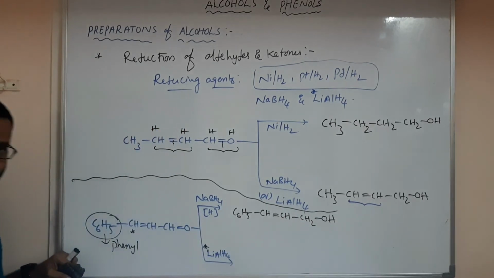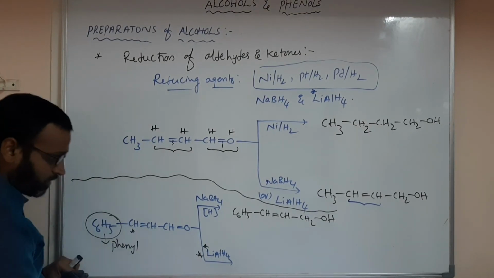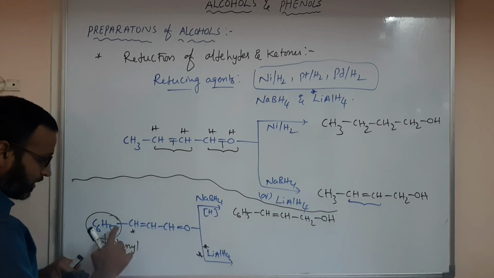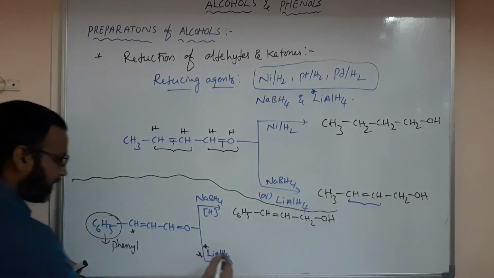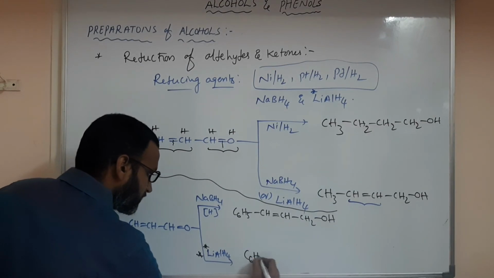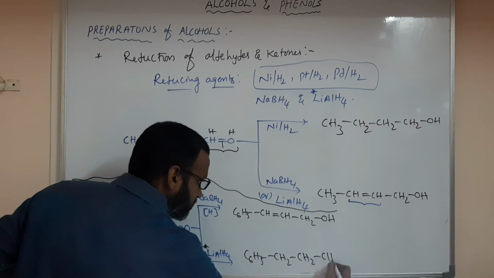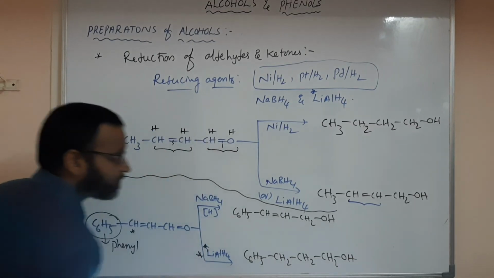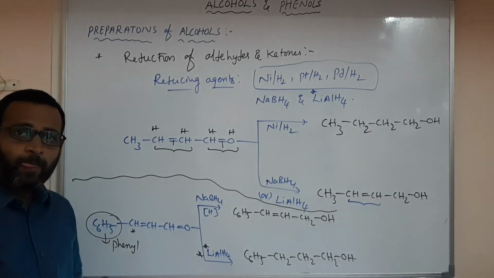For LiAlH4 I kept a star, the only condition: LiAlH4 will reduce the carbon-carbon double bond also, but only when attached to phenyl. That means the product is C6H5, CH2, CH2OH.